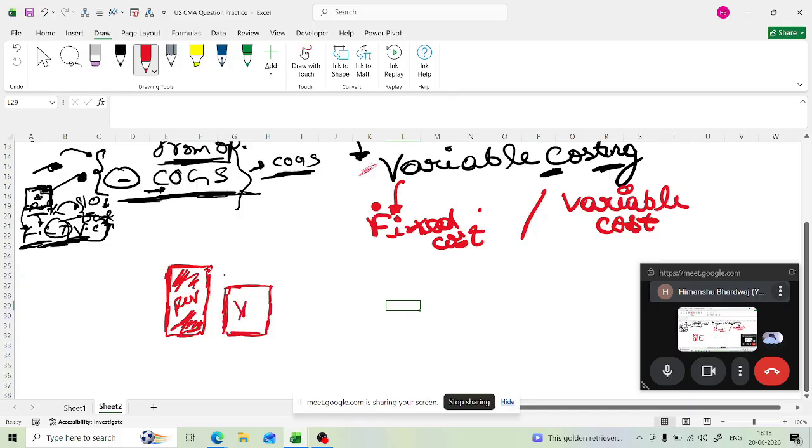Let's take the same example. We are selling one can which costs around $20. And you know one assumption as well: whatever we are producing, we are going to sell in the market. It is our sixth assumption.